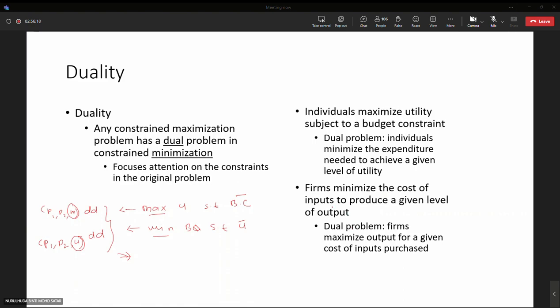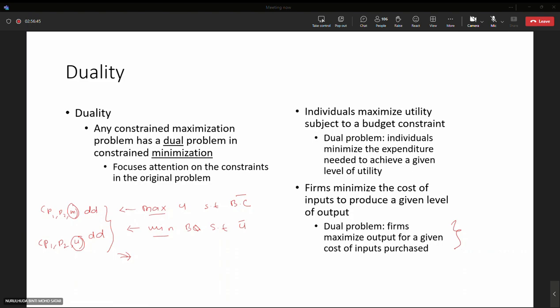And then firms minimize costs of inputs to produce a given level of output, or the dual problem is firms trying to maximize output for a given cost of inputs purchased, and we can see that this can be achieved by directly solving for the firm's profit maximization problem.